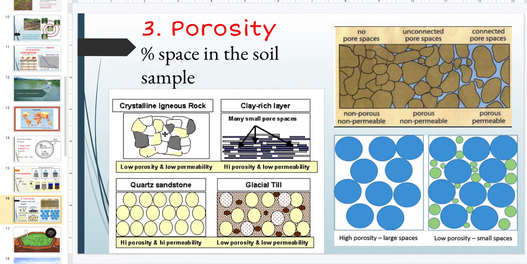Here we have some examples over here. We have low porosity and low permeability because you have different sizes and shapes. Clay, we have a lot of space between these sediment, but low permeability because each of the different sediments are kind of covering access to those next pores. To flow through, water needs a connected path.